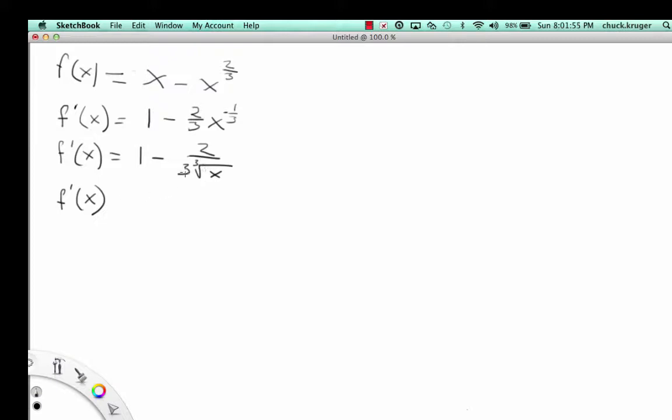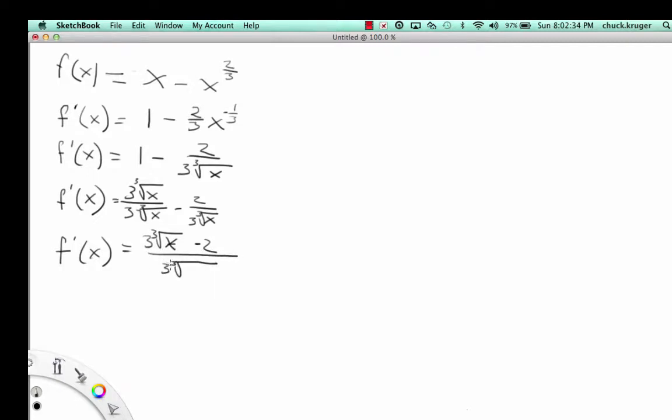The common denominator is 3 times the cube root of x, so I can rewrite this as 3 times the cube root of x over 3 times the cube root of x, minus 2 over 3 times the cube root of x.